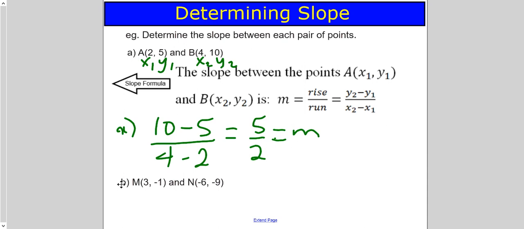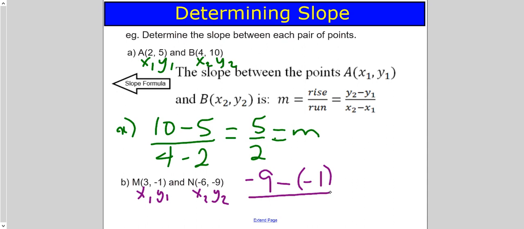Oops, lots of negatives in this one. So let's see how we do here. We want to make sure that we follow our formula. So x1, y1, x2, y2. Okay, so y2 is negative 9 minus y1, which is a negative 1. Okay, so don't lose that other negative. That's a negative 1.